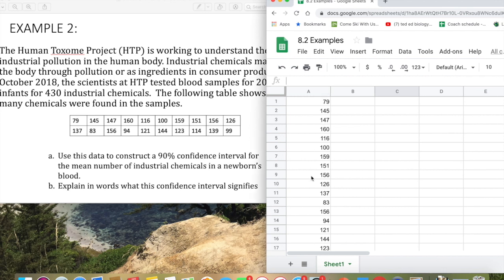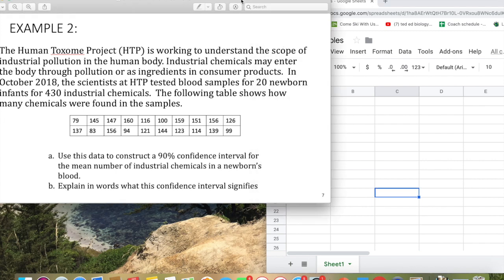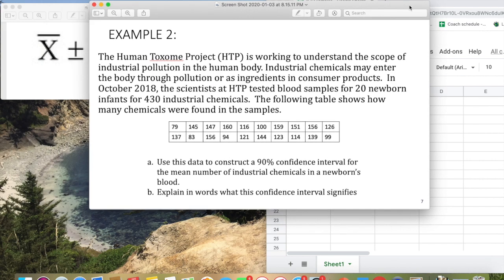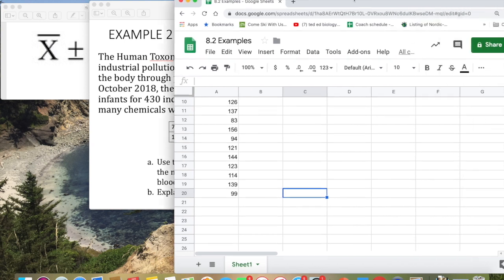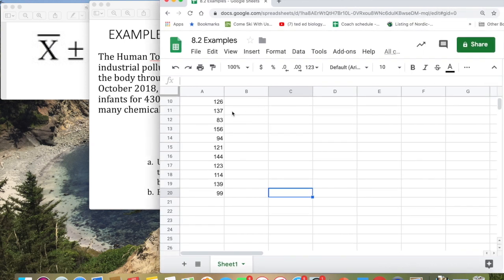I've already typed these values in. This is obviously not the most sexy process, but sometimes you just need to plug and chug and enter some data. A lot of jobs these days are actually people just typing numbers into some type of data set. So it's not the most fun thing to do, but it's necessary.